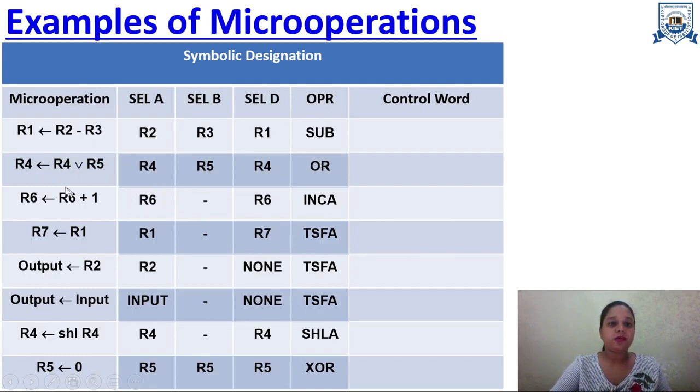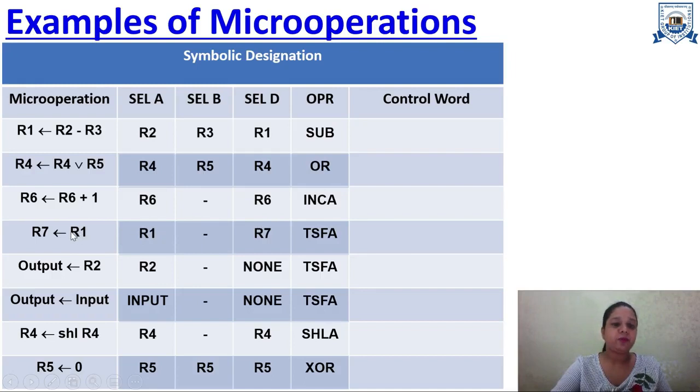Here the first register is R6, there is no second register, but by looking at this micro operation, you can see that this is an increment A operation and the result is stored on R6. So the first register is R6, there is no second register, the result will be stored on R6, and the operation is increment A.